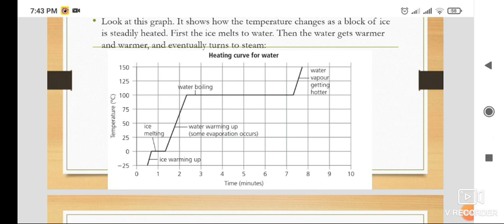When the ice has completely melted, it is totally changed into liquid.